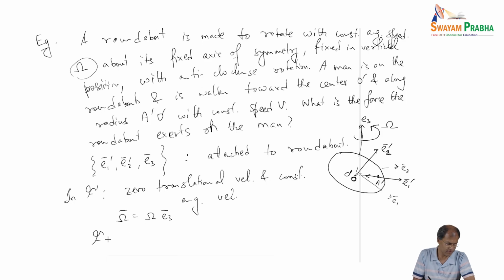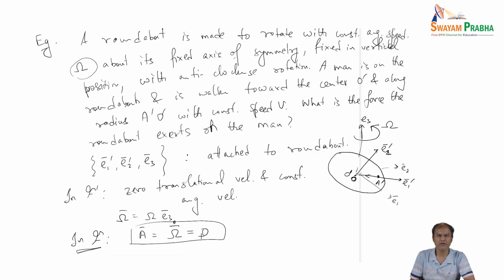The frame F prime is just rotating with a constant angular velocity. So with respect to F, we have the frame's acceleration and capital omega dot, they are all 0. So in this fixed frame, the acceleration of the rotating frame is all 0.